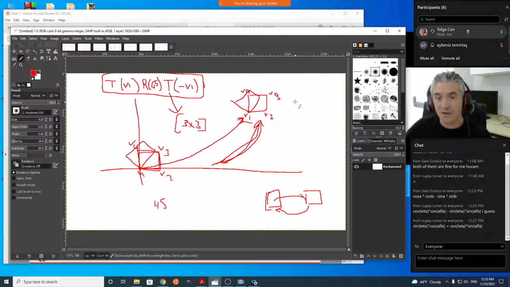Okay. Yeah, so we are going to continue with modeling transformations. We are going to extend them to 3 dimensions next Tuesday. And the only thing that is left actually is the scaling transformations, which is also very simple.